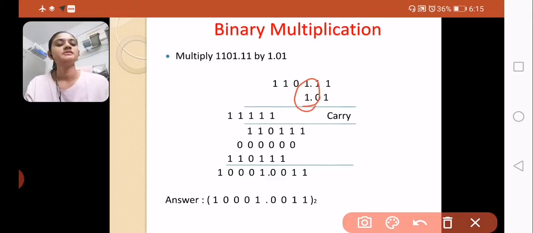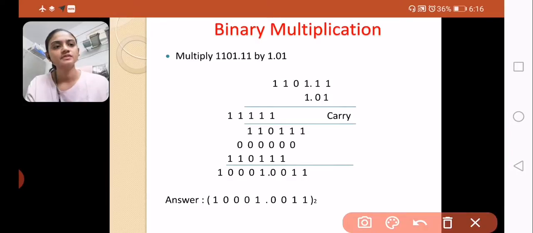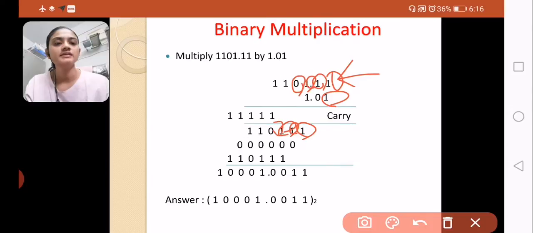Now do multiplication in a simple way without the decimal point. That means first of all this one bit will be multiplied with this number. So this one is written here, one is here, that means the same you have to write here.